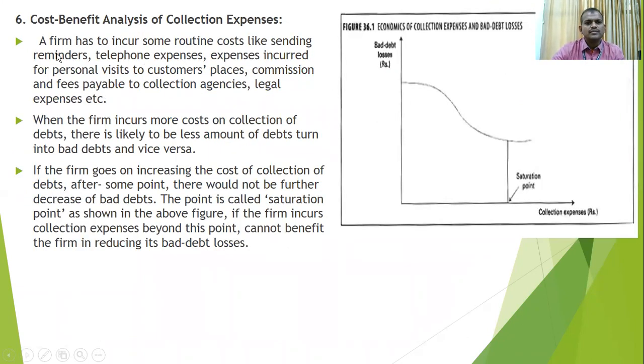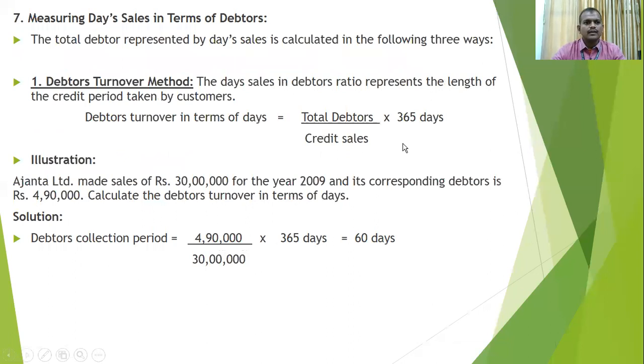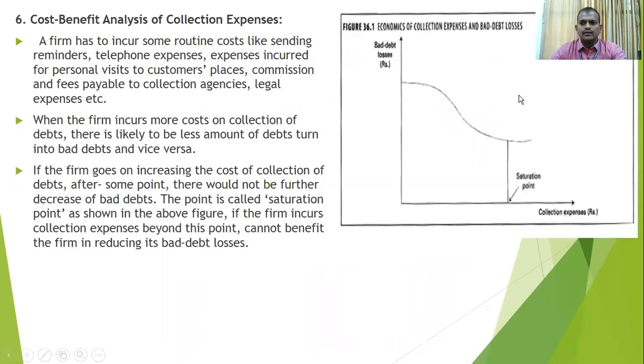Next one, cost benefit analysis of the collection expenses.